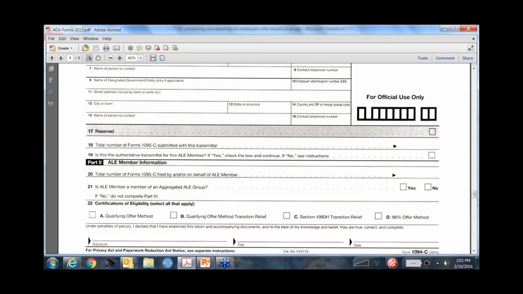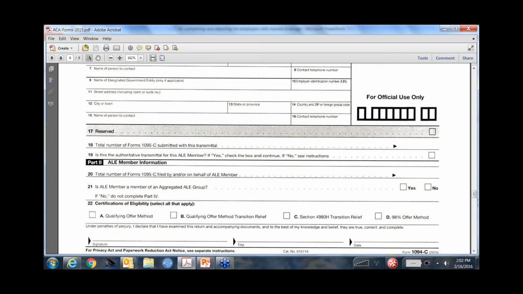Now, what's giving everybody conniptions is line 22. Line 22, there are various certifications: qualifying offer method, transition relief, section 4980H transition relief, and 98%. Qualifying offer: a qualifying offer is where employees for 12 months don't pay more than 9.56% of the federal poverty line for coverage for 12 months.